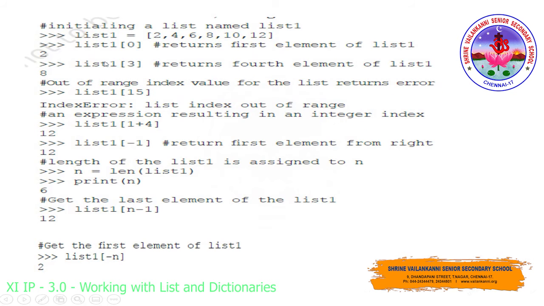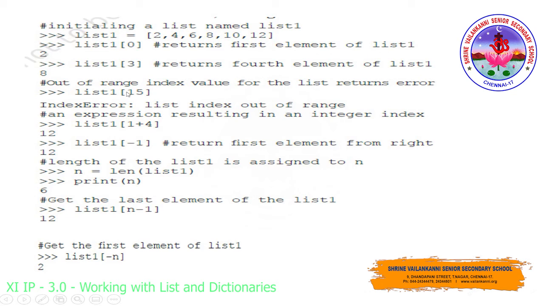So even a few more examples they have given here. If you see here, list 1 equal to some even numbers they have given, and for the even numbers, see what they have done. So list 1 of 0 if I give, in the 0th position you have the value 2. So that 2 will be retrieved. Similarly in the position of 3, what do you have? 0, 1, 2 and 3. 8 will be retrieved.